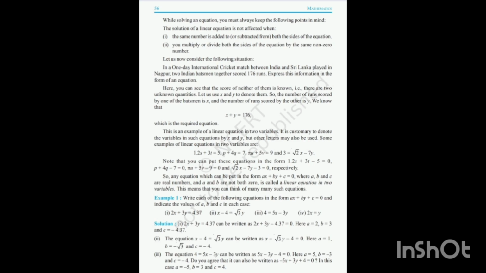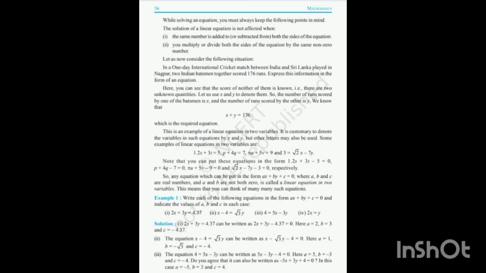In the one day international cricket match, India and Sri Lanka played in Nagpur. Two Indian batsmen together scored 176 runs. So this information involves two unknown quantities.